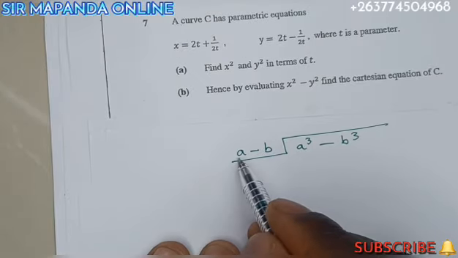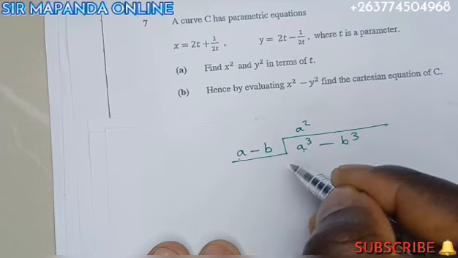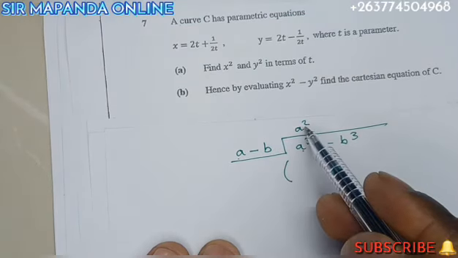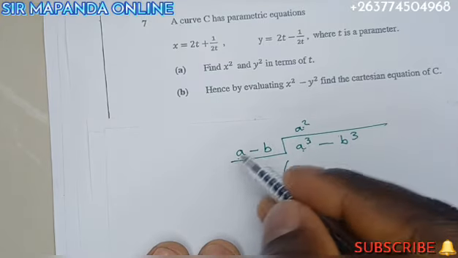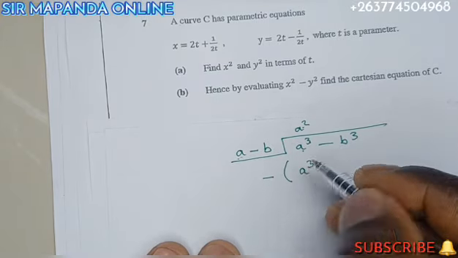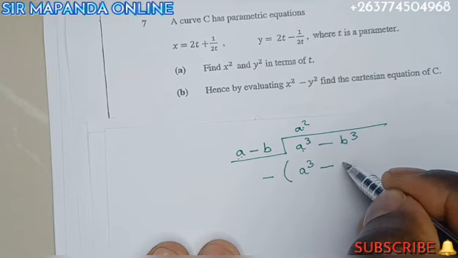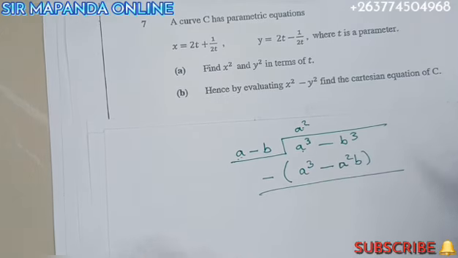Right, so you are saying a into a cubed, you get a squared. Then you multiply a squared with these terms. You get a squared times a, get a cubed. Then a squared times minus b, you get minus a squared b. So this is the first thing to do, right?